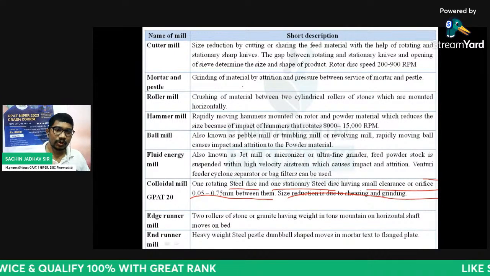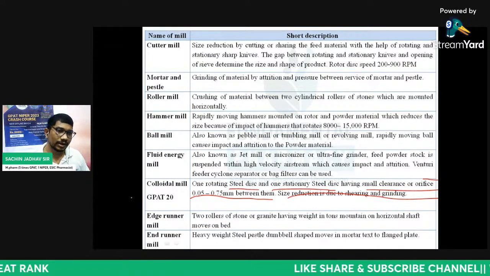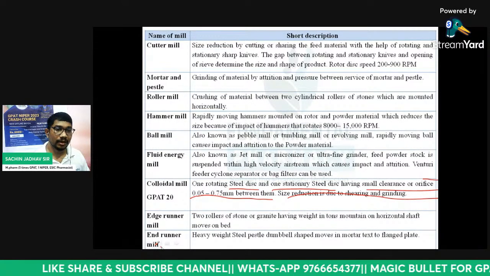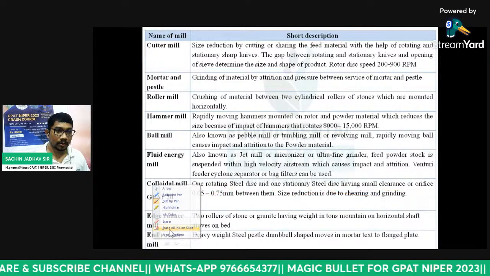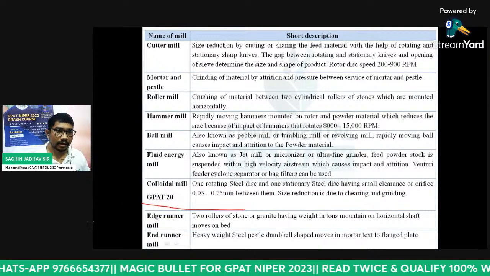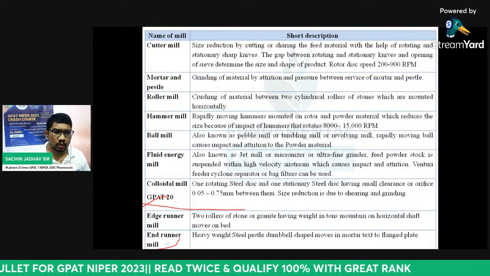So the answer was colloidal mill. Colloidal mill का ये description है. Colloidal mill में क्या होगा, एक स्टेटर होगा, एक रोटर होगा, और उसके दोनों के बीच में क्या होगा, एक स्मॉल गैप होगा, and that gap will decide the particle size of the product. So GPAT 2020 में क्वेश्चन आ चुका है.